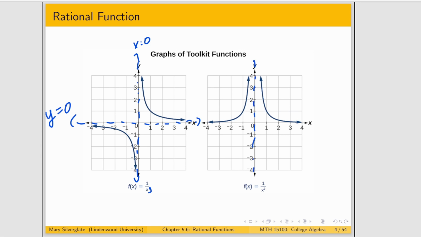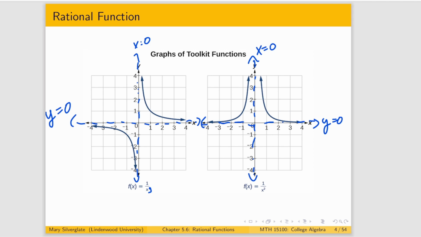And similarly, 1 over x squared has the same set of asymptotes. We have x equals 0 for a vertical one and y equals 0 for a horizontal one. But the behavior around that asymptote looks different. We have this doubling up behavior whenever we have this x squared associated with that vertical asymptote, while we have this opposite direction behavior when we have just an x associated with that vertical asymptote. And that gets back to this idea of even and odd, even for rational functions as well.